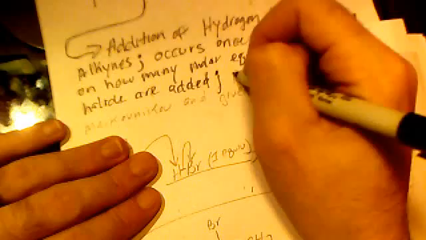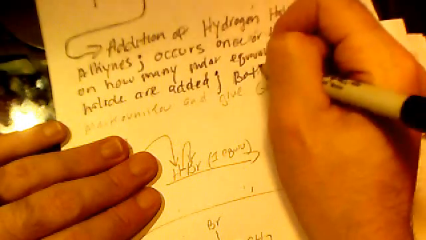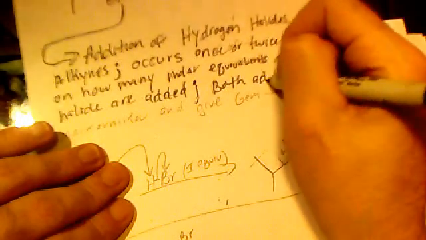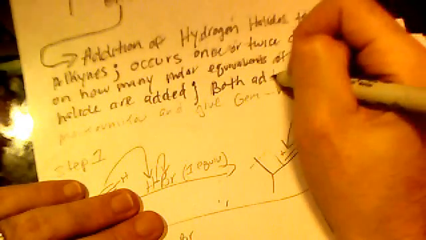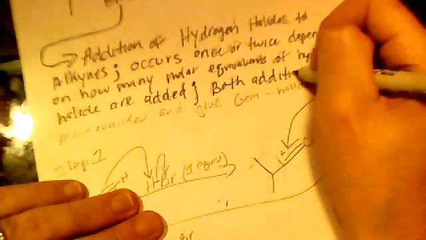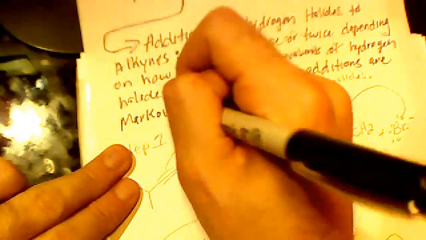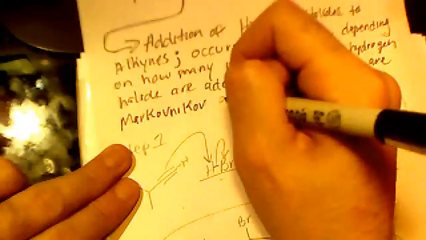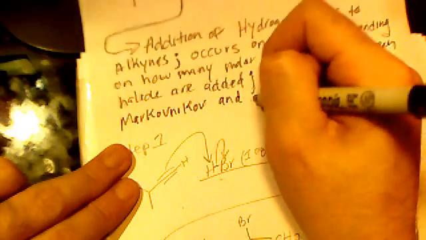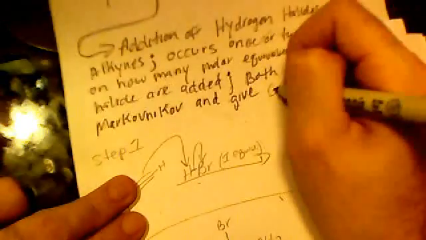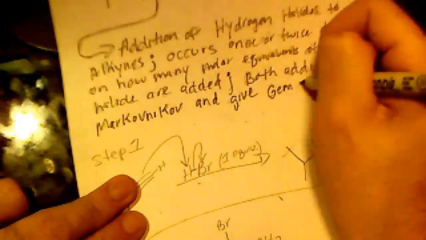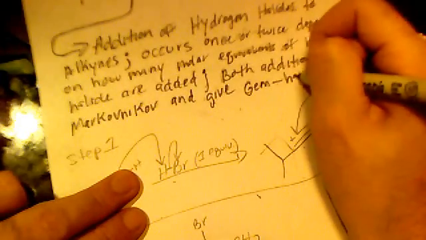And if it's done twice, both additions are Markovnikov and give geminal halides.